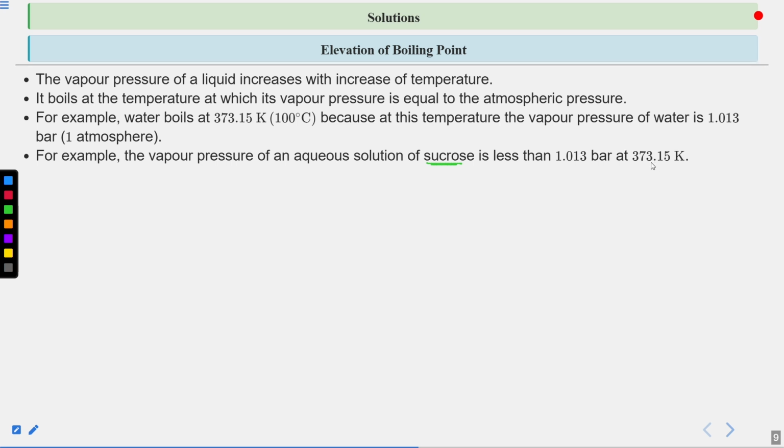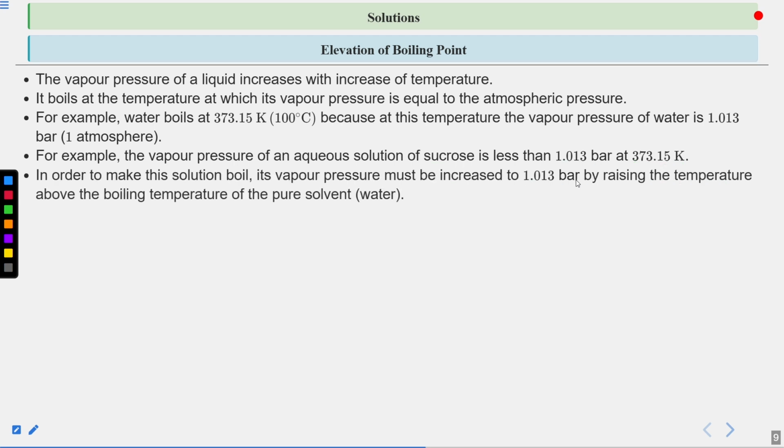Therefore, at 373.15 Kelvin, we have a pressure which is lower than 1.013 bar. So now in order to make it boil, we have to move to a higher temperature so that the temperature becomes sufficient to increase the vapor pressure of the water molecules to equal the atmospheric pressure.